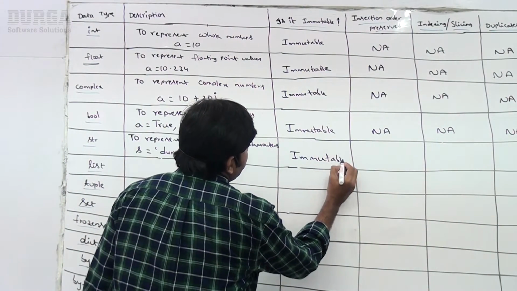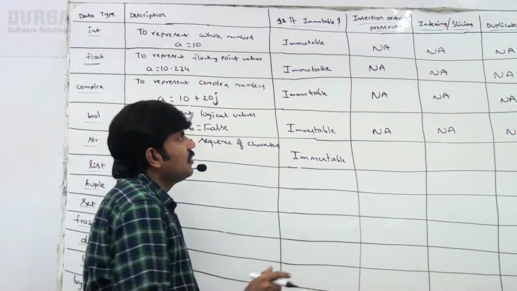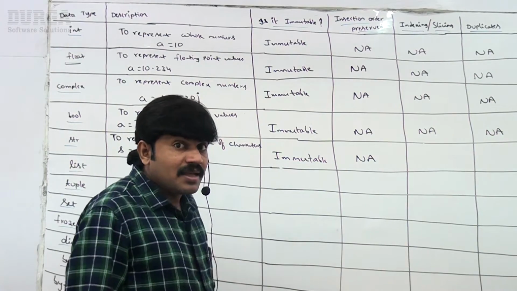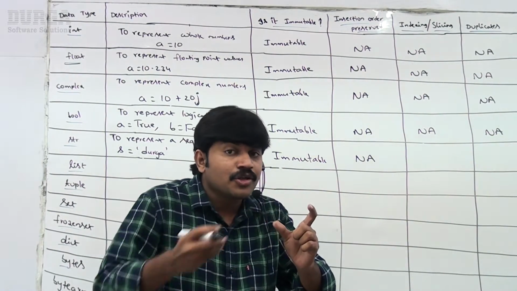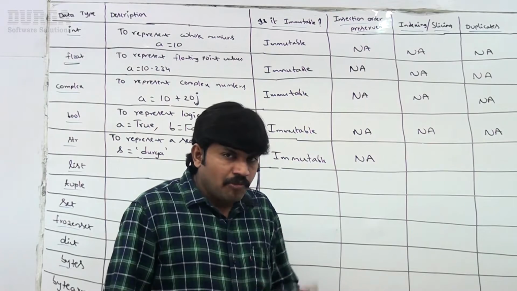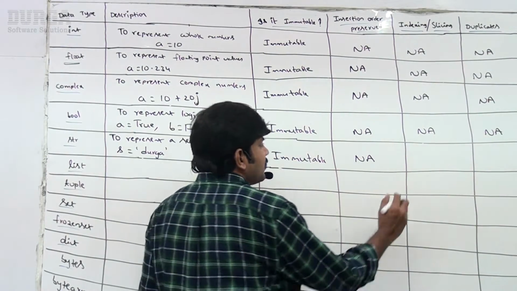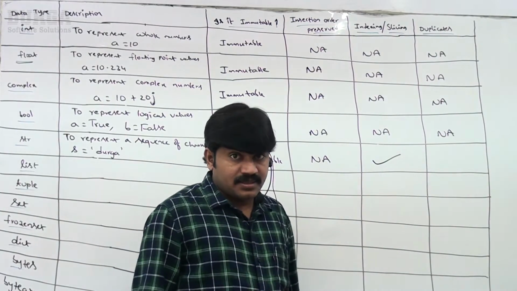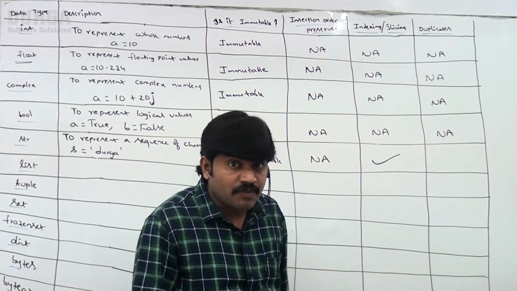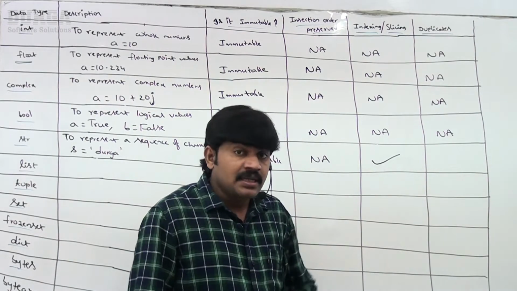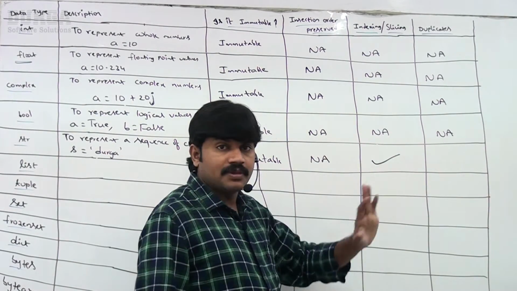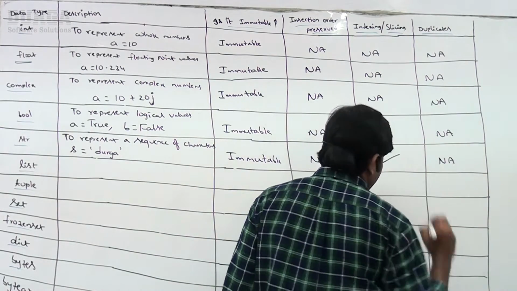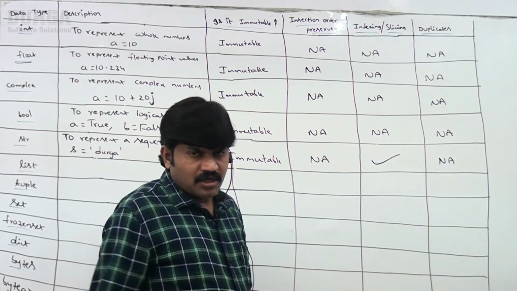It is a single object, so order terminology is not applicable. But indexing is applicable in a string: if you want to access the first character, second character, you can apply an index. Python provides support for both positive and negative index. Slicing is also applicable. Duplicates are not applicable, because it is a single object, not multiple objects.